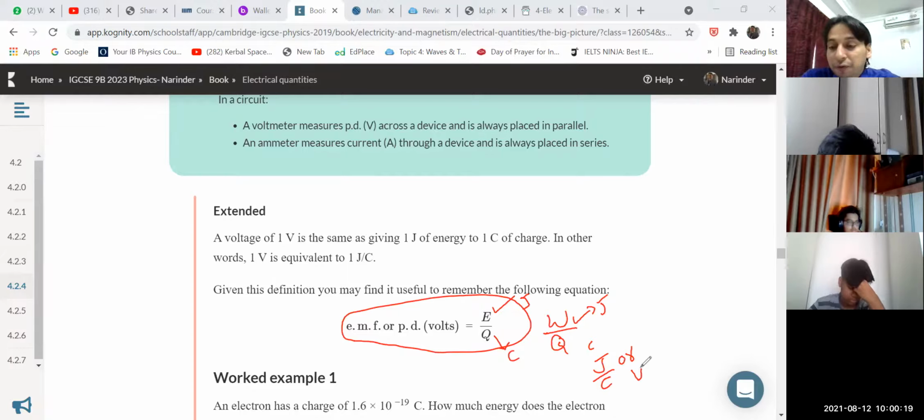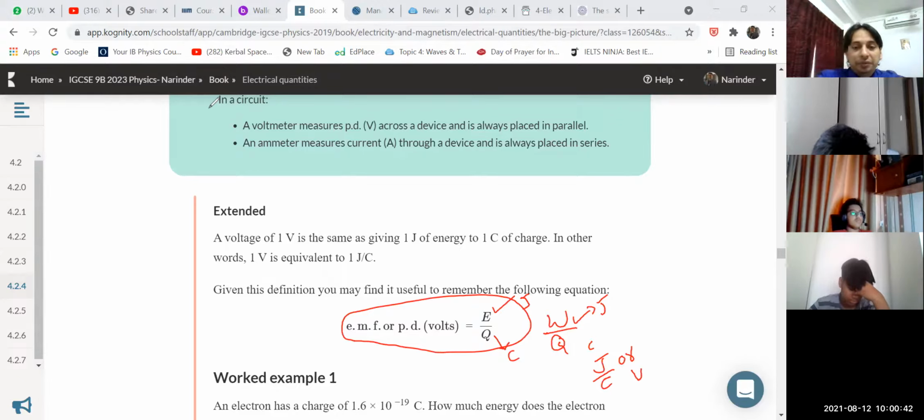Or just write volt, capital V, that is the unit for measuring EMF or potential difference across the two ends in an electric circuit, children. So W by Q or E by Q, both are equivalent. Both are the same equation, children.